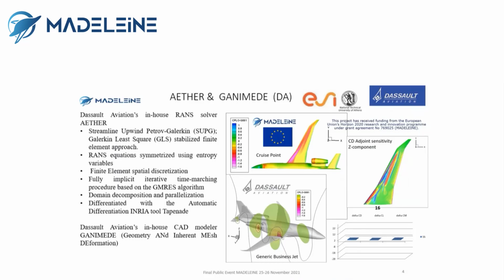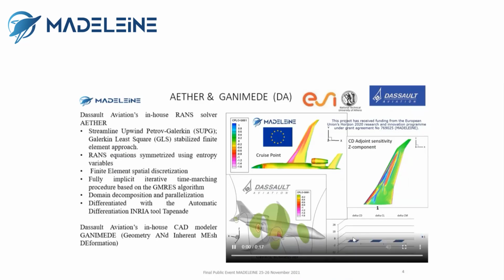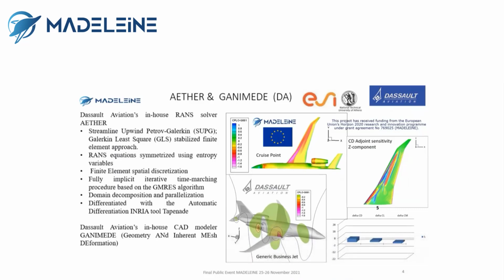And we select one of our turbulence models, Spalart-Allmaras. Of course, we work on HPC, and for this kind of platform, we use MPI and domain decomposition.